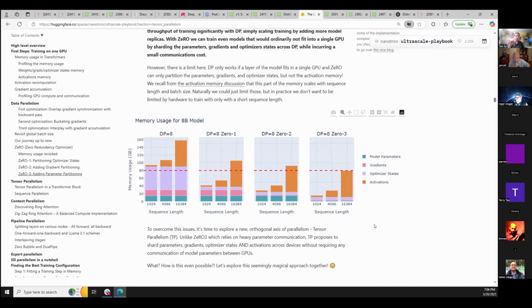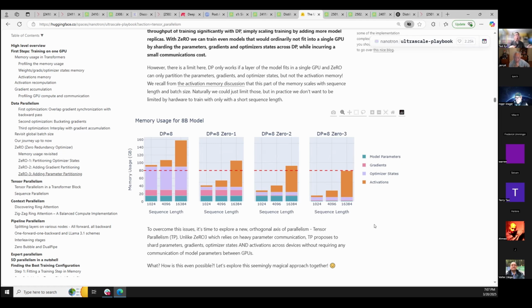Once you go to 16 or higher way communication, then you start paying more of a penalty because you're not going over NVLink, you're going over whatever. And then it depends on your data center architecture, right?